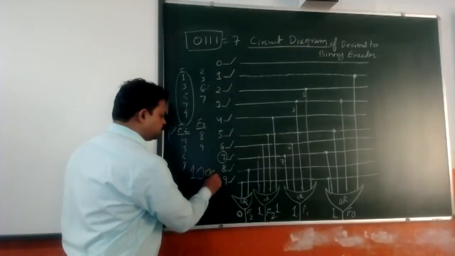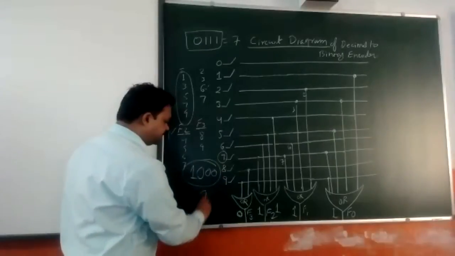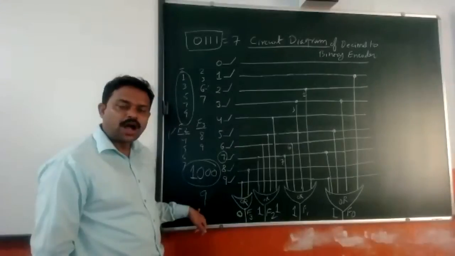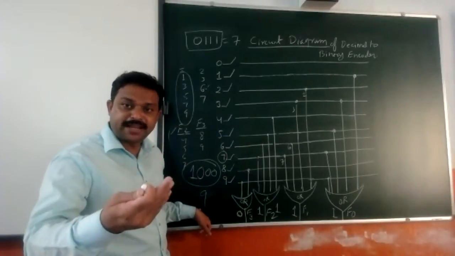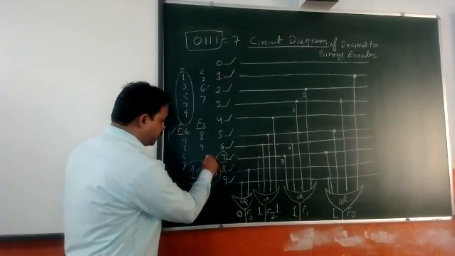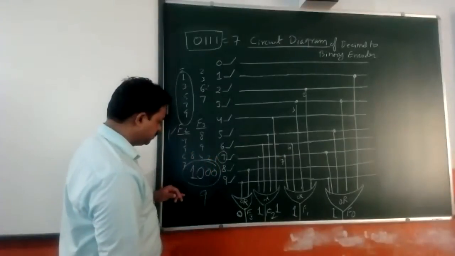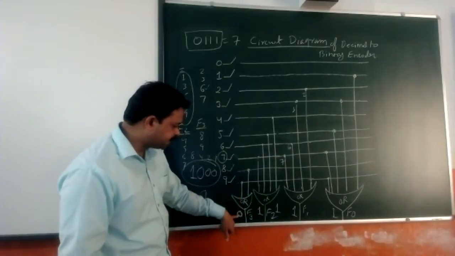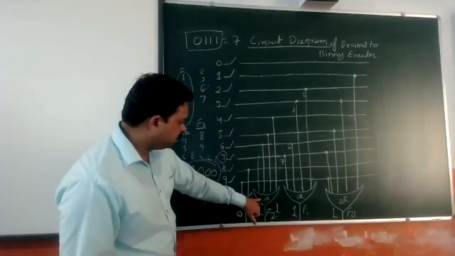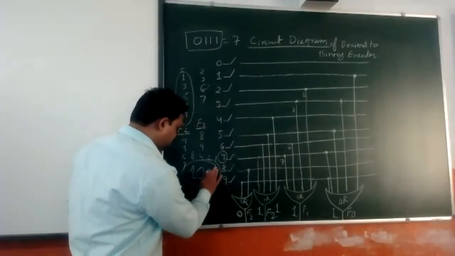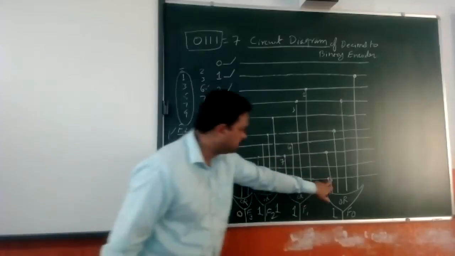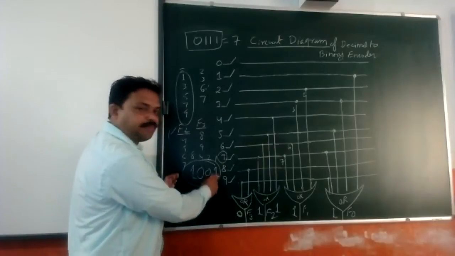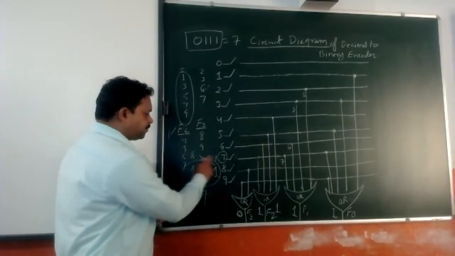How do you know the decimal to binary conversion? 1, 2, 4, 8. Oh, sorry. One more gate is connected. This gate is connected, so you will get 1. These two gates are not connected, 0, 0. That gate is connected, so you will get 1 here. 1, 0, 0, 1 is the binary representation of 9. 8 plus 1, 9.